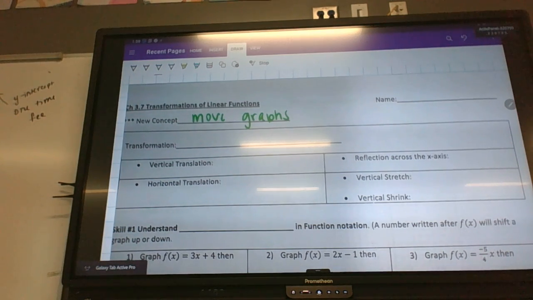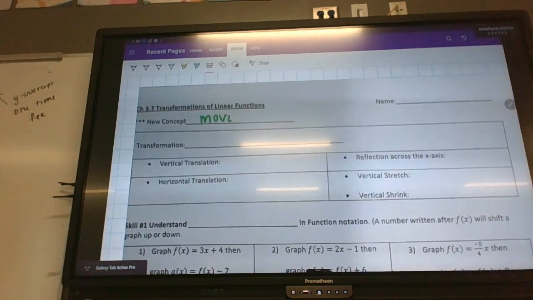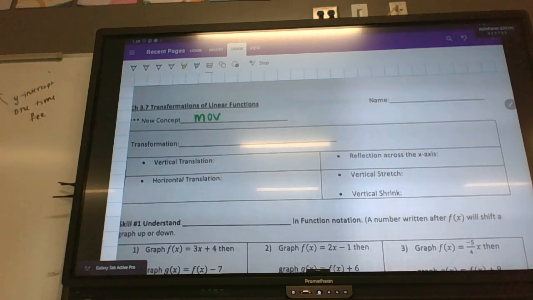Wait, what? Never mind. Maybe you want to say move line. Alright, anyway. Just put me right here. Bro, this is not going to be it looks so stupid.